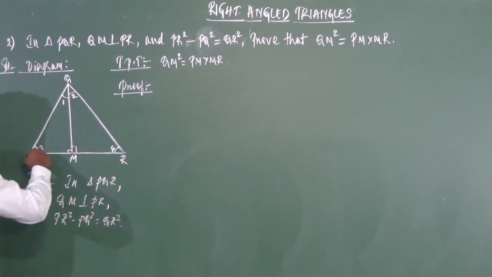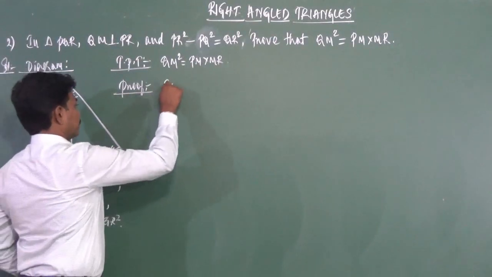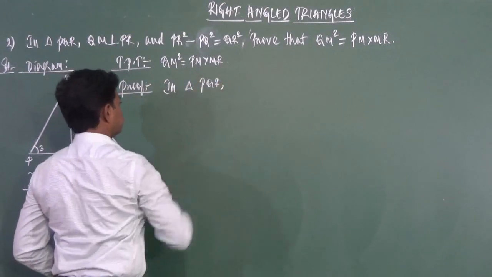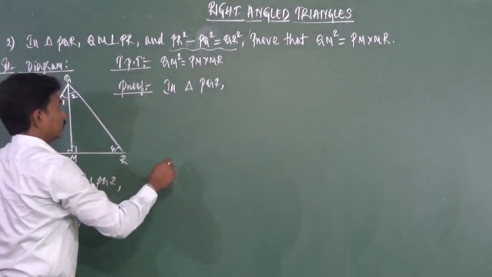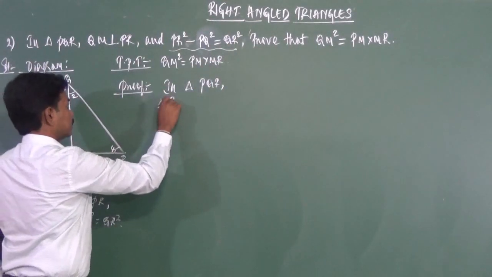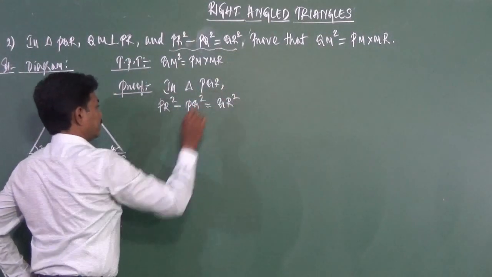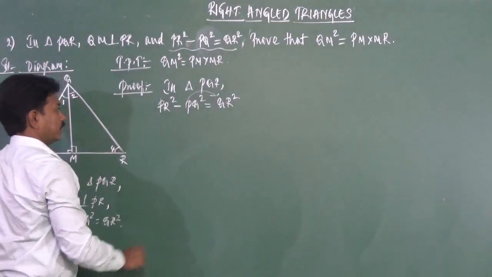So now, in triangle PQR, it is given that PR square minus PQ square is equal to QR square. Now let us transpose this minus PQ square to the RHS.